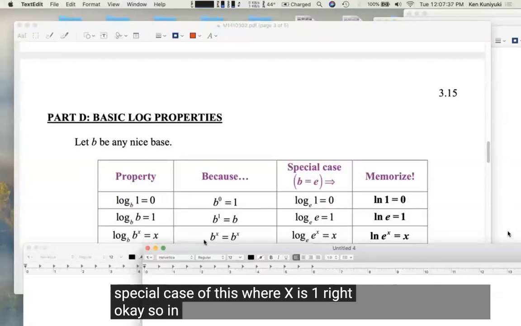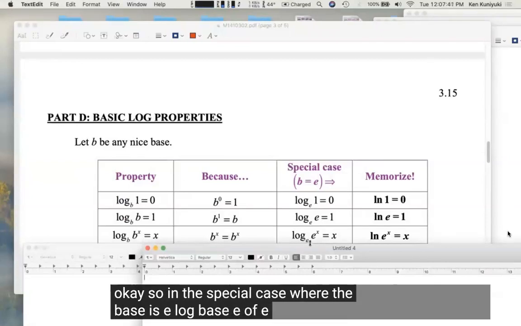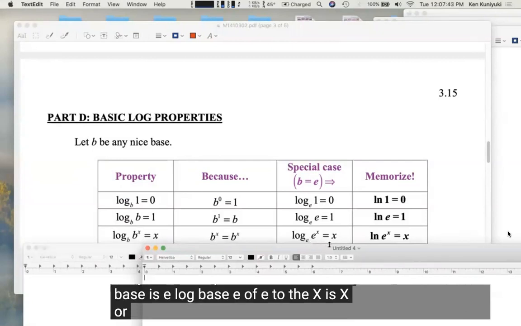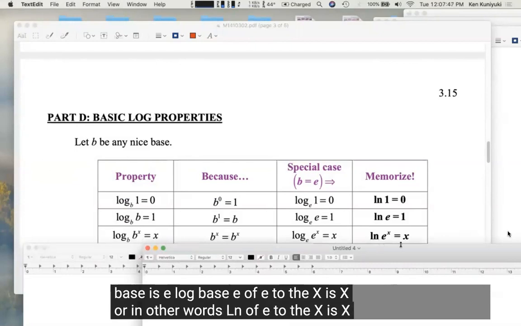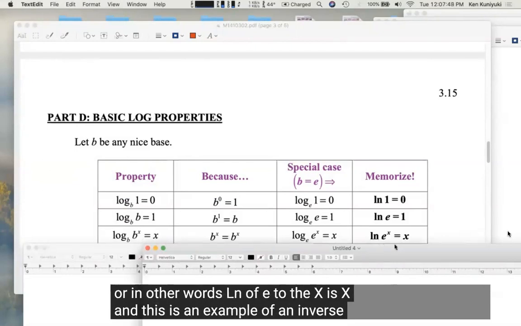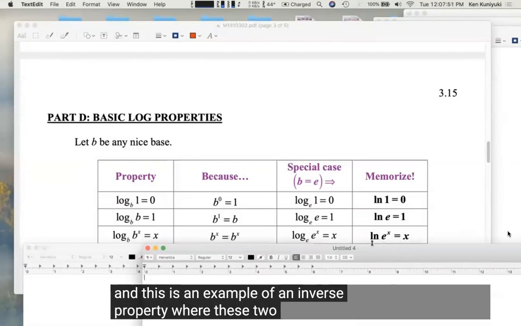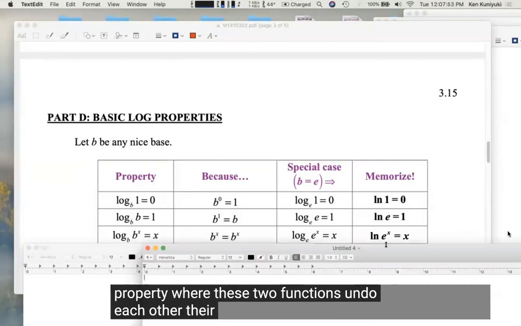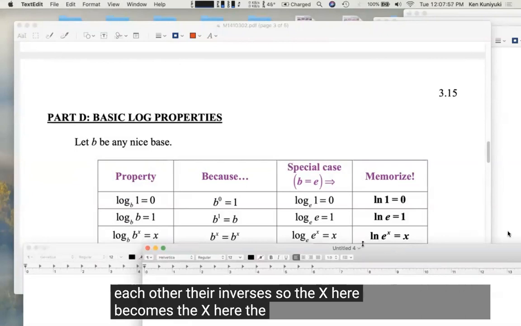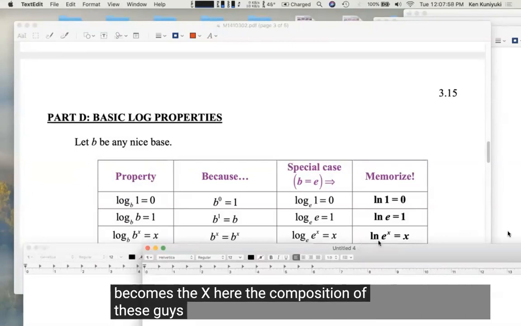In the special case where the base is e, log base e of e to the x is x. Or, in other words, ln of e to the x is x. And this is an example of an inverse property where these two functions undo each other. They're inverses. So the x here becomes the x here. The composition of these guys is the identity.